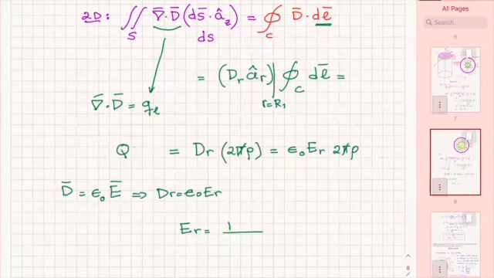And therefore from here, this is going to give us that E sub r is, of course, pi remains, Q over 2 pi epsilon naught times 1 over rho.